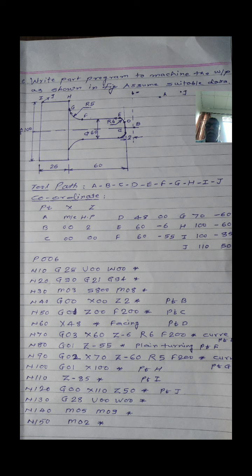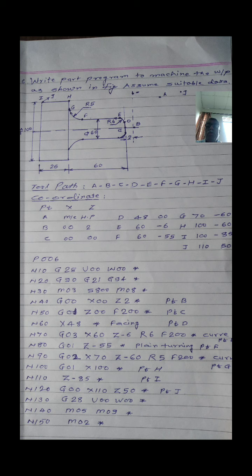In that case, you have to use G00 and you have to mention the coordinates of the point B. Very simple. What are the coordinates of the point B? X0 Z2, end of the block. Means during block number 40, your tool will be reached at point B. Then when the tool touches the point C, you have to control the feed rate.